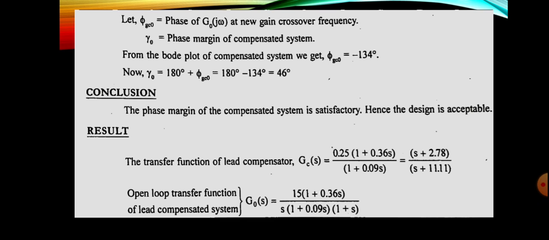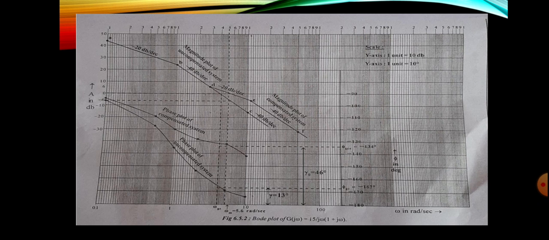Next you have to calculate the corresponding phase margin. For that you have to find the gain crossover frequency from the magnitude plot. See, this was the compensated magnitude plot. You can see it meets the 0 dB axis here.